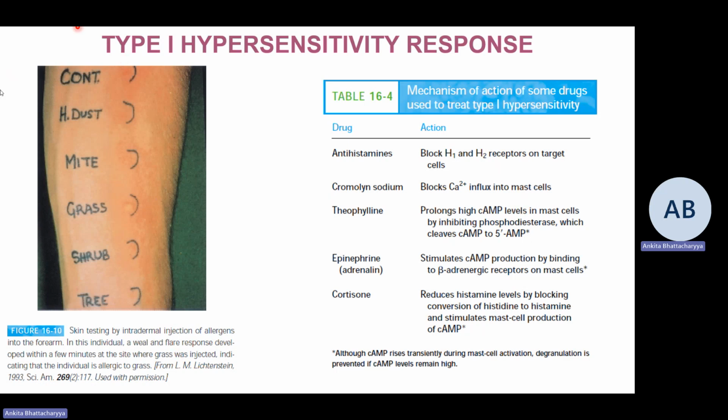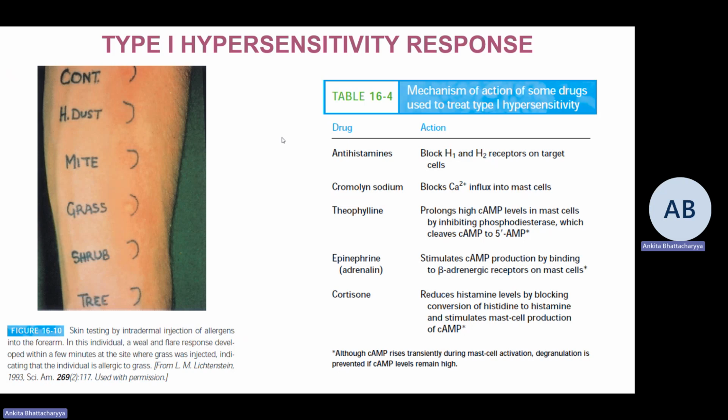Now, this shows the test, which is usually done to detect if a particular person is allergic to a certain pathogen. It's like a little injection or a little introduction of a particular pathogen, and they are being made on the arm or something so that the response is quick and accurate.